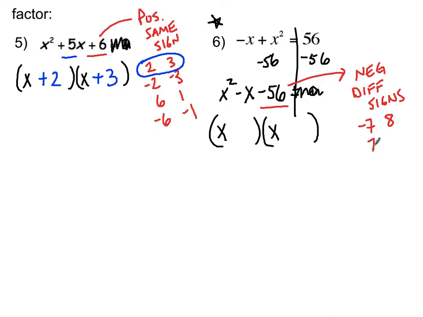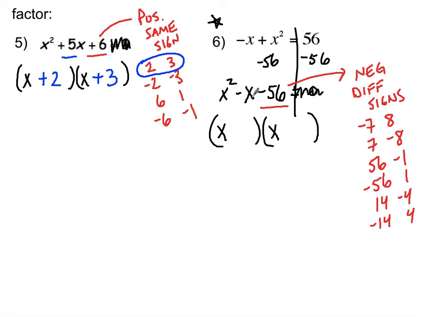It could be a positive 7 and a negative 8. It could be a 56 and a negative 1, or a negative 56 and a positive 1. Or you could do a 14 and a negative 4, or a negative 14 and a positive 4. I think those are all the combinations that multiply to negative 56.